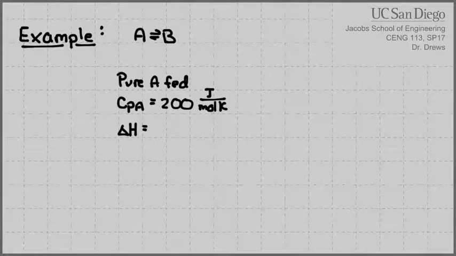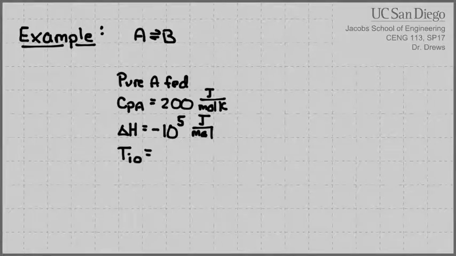Actually, let me ask you, that's a good question, is that reaction endothermic or exothermic? Exothermic, so delta H is negative 10 to the 5th joules per mole. And Ti naught is 300 Kelvin.